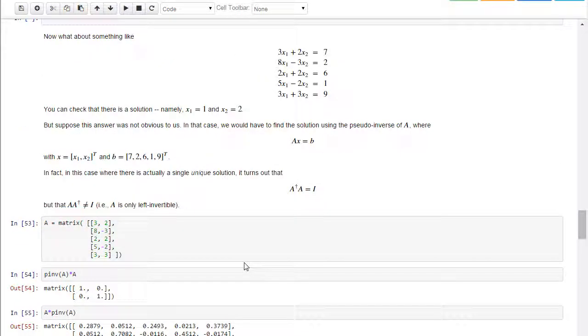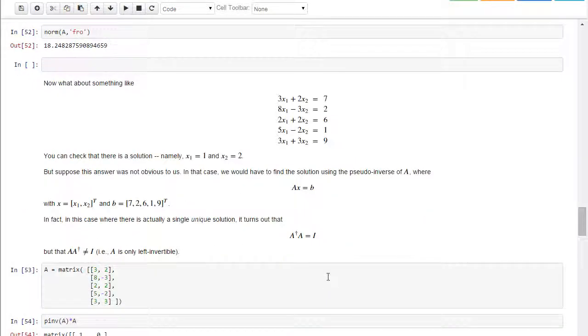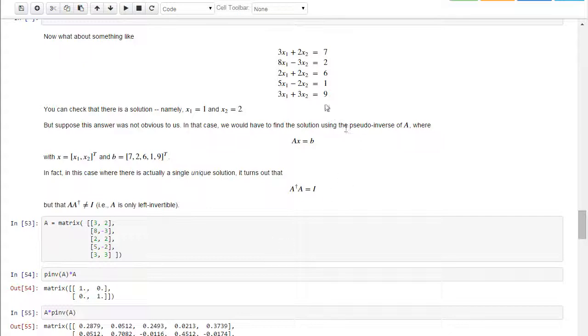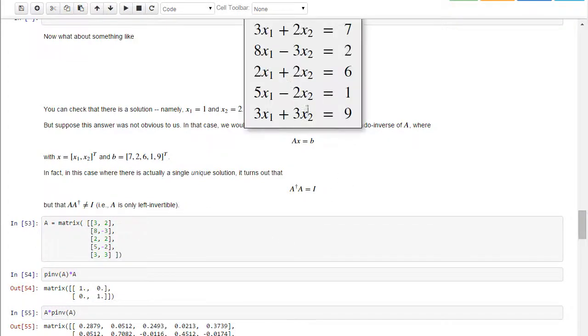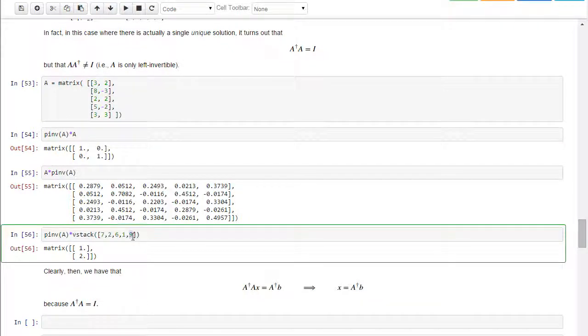Now let's see what happens. What if one of these numbers was a little different? You know, maybe instead of a 9 here, what if we had, say, an 8? So let's suppose we put the 8 in here.